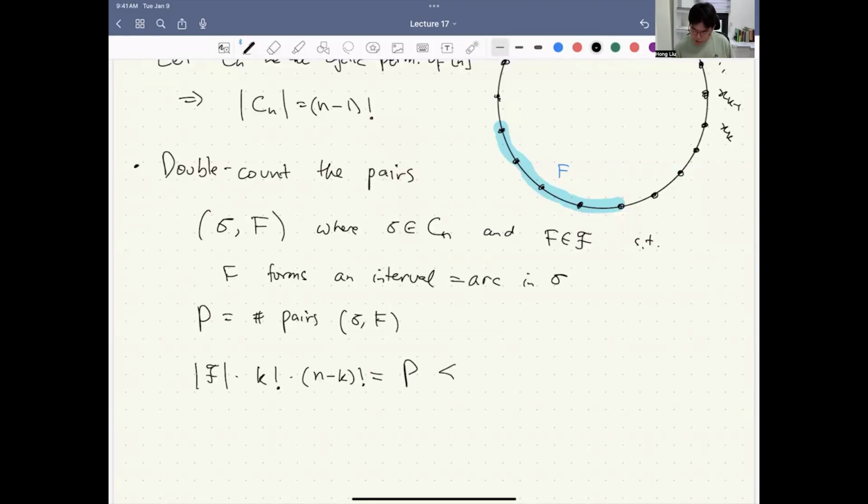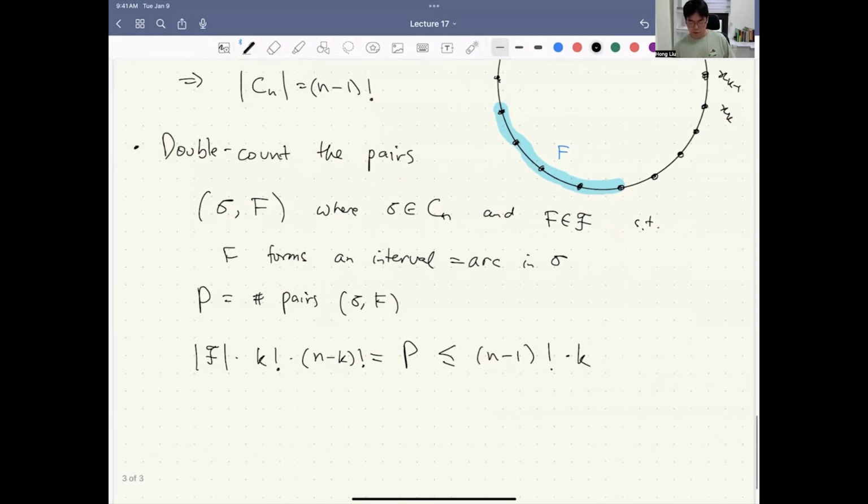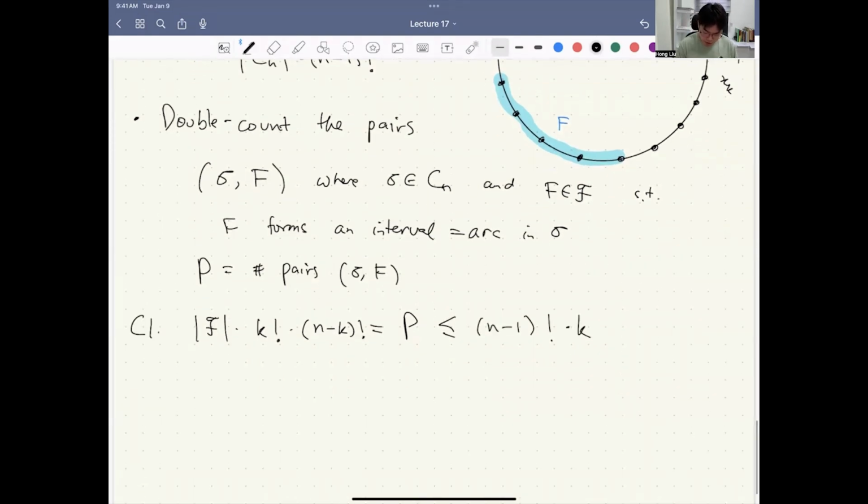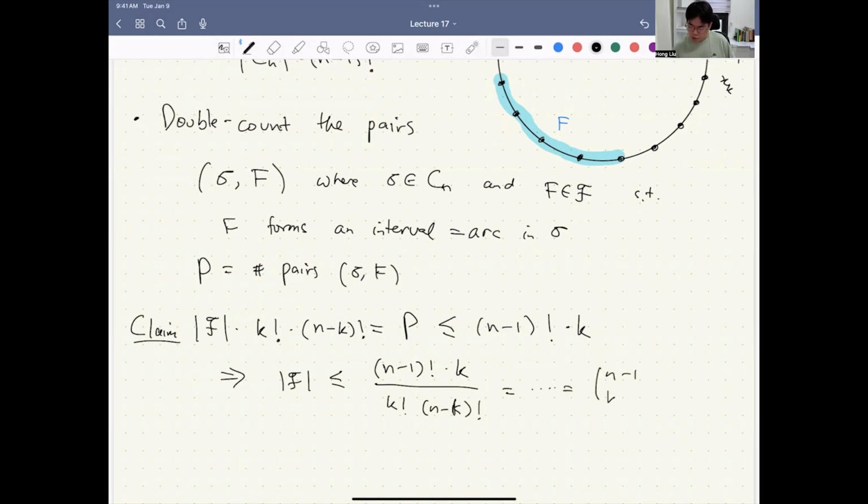On the other hand, it is at most n minus 1 factorial times k. If we prove this claim, then we are done, because the claim would then imply that F is at most n minus 1 factorial times k over k factorial times n minus k factorial. If you do this calculation, this is n minus 1, choose k minus 1. I will skip the calculation.